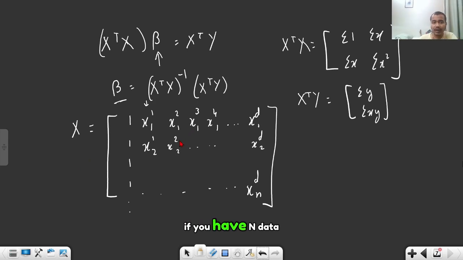If you have n data points with d features, you can find these beta values using this formula in an instant. And we also know what x transpose is: just interchange the rows and columns.